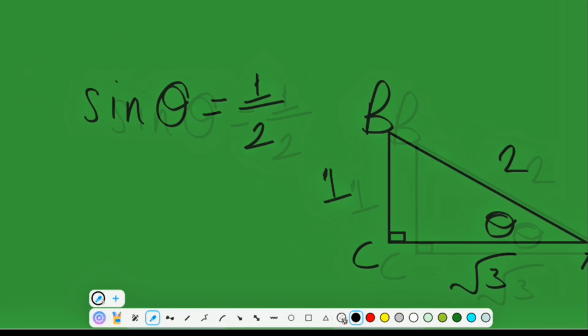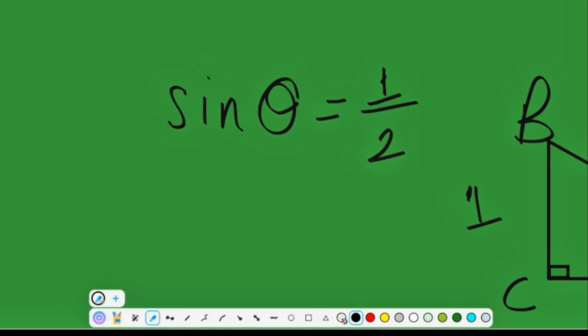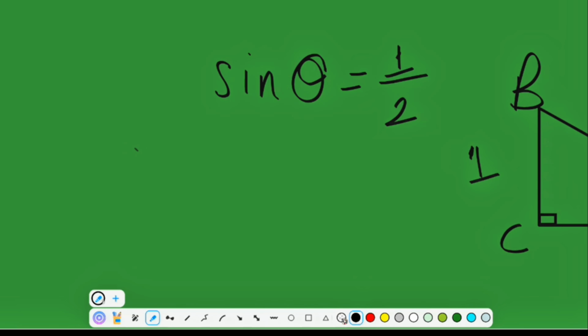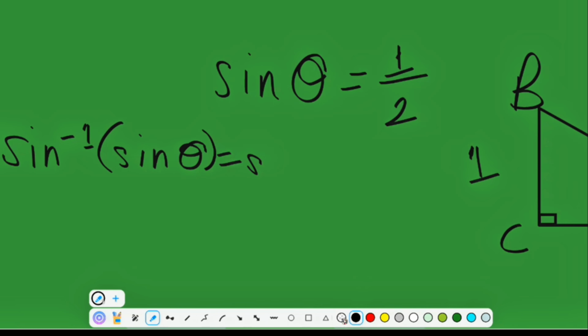Let's do the same thing for sine right here. It's going to be sine arc. We call this sine arc. We're going to put in sine theta is equal to whatever you do on the left hand side, you also do on the right hand side.